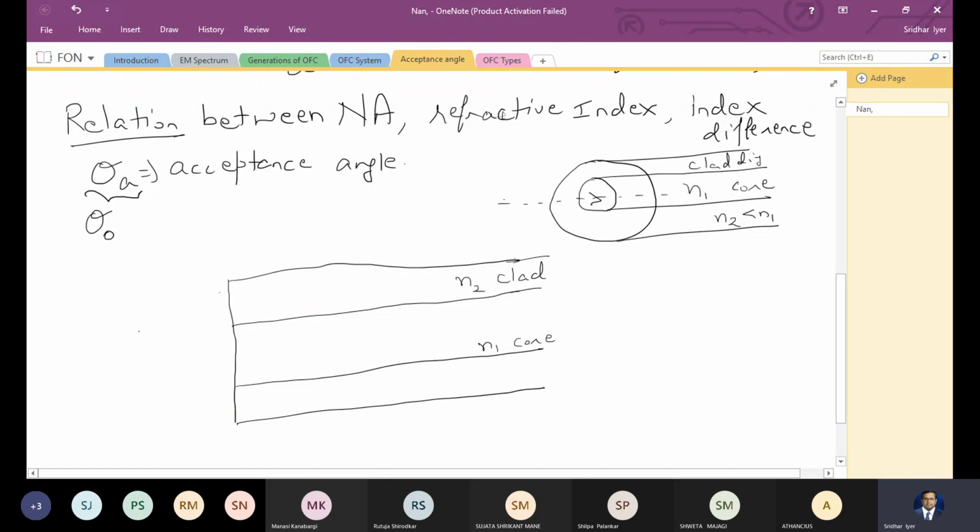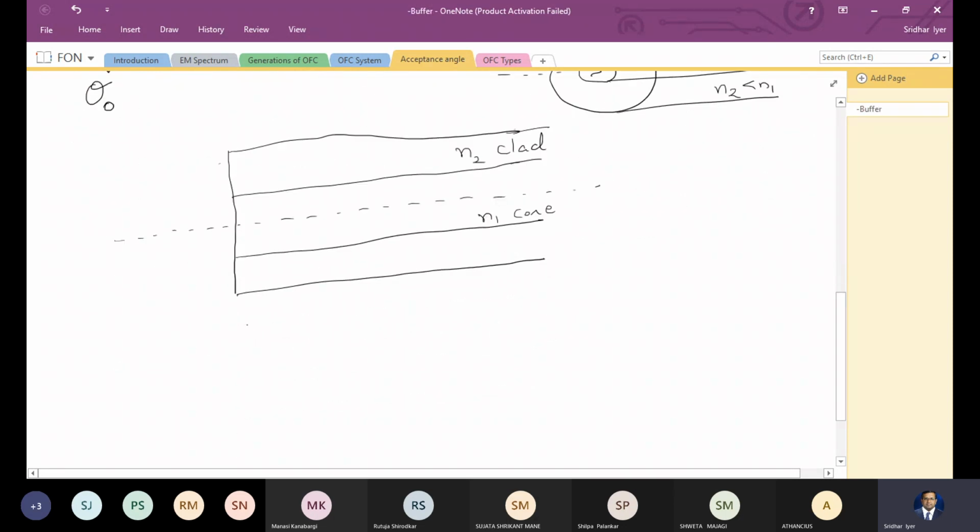Let this line cut it into two halves. Let us assume that the environment outside is air and it has a refractive index n0.